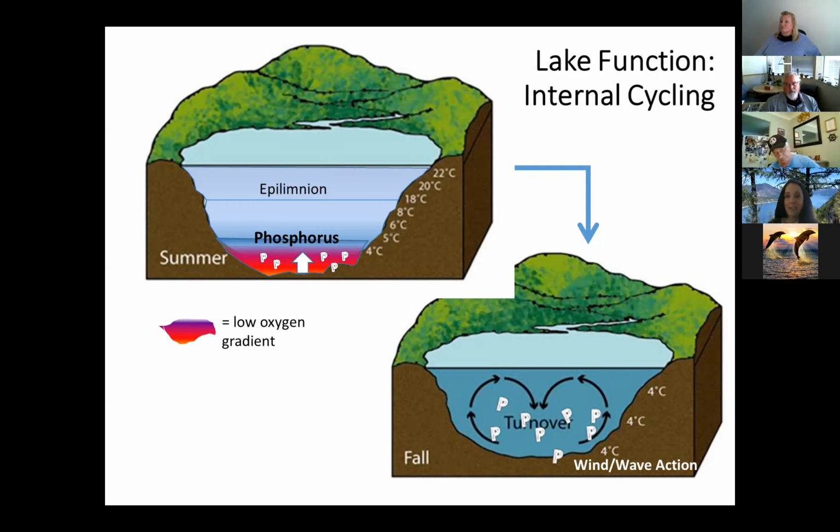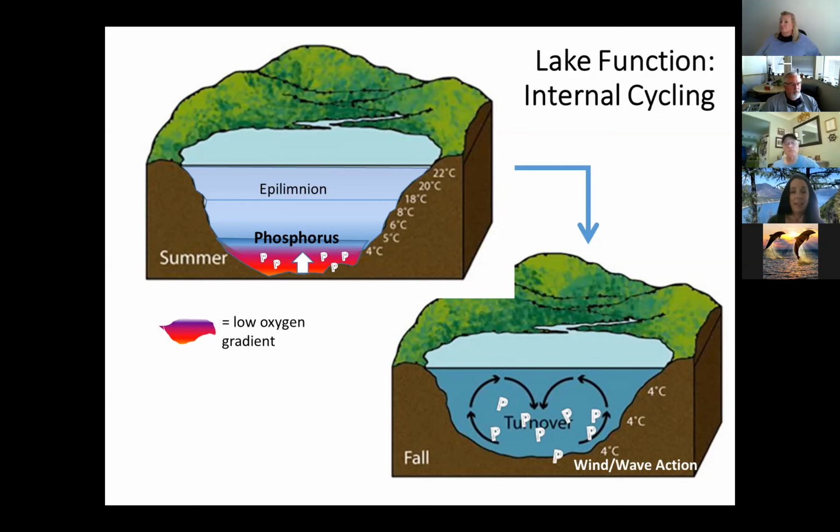So internal cycling is a really, really important condition that, if it's exacerbated, can really wreak havoc in a lake system, where you're introducing nutrients, you're introducing that phosphorus bound to sediment through erosive practices or other conditions.